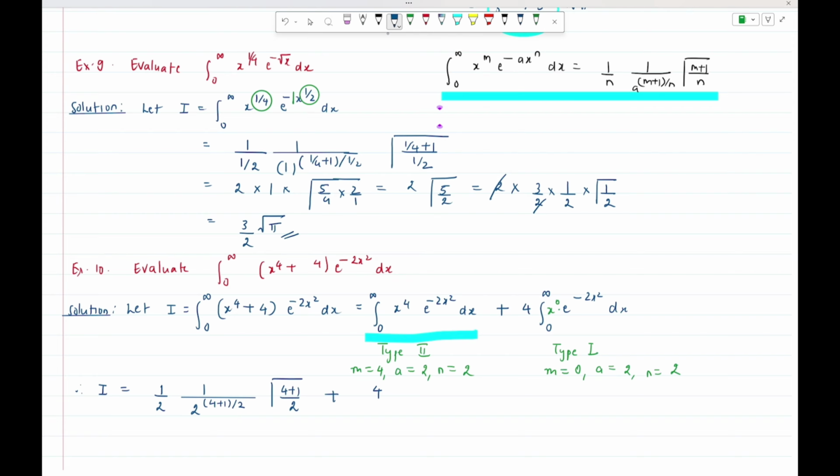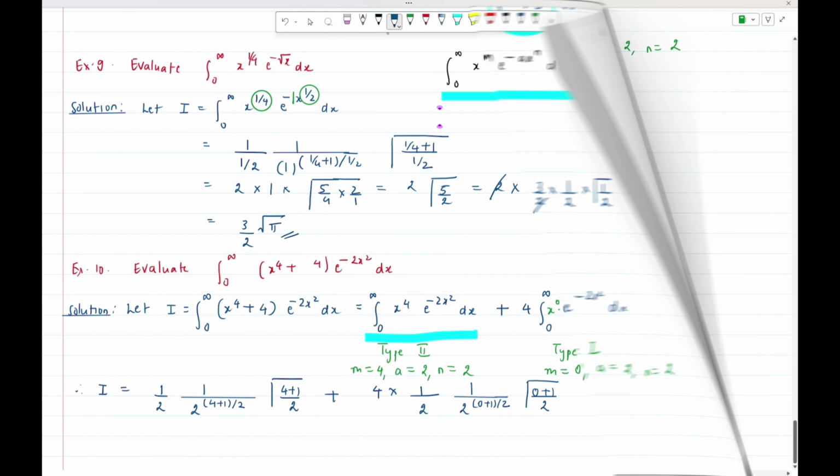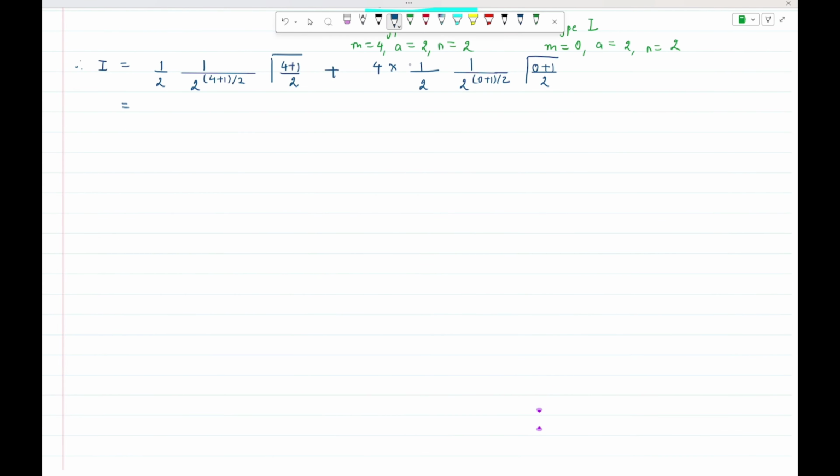Now for the second integral, we have got m as 0, a as 2 and n as 2. So this is going to be 4 times 1 over n, which is 1 over 2, into 1 over a raised to m plus 1, so that's 0 plus 1 divided by n, and then gamma of m plus 1 divided by n. Now we are left to simplify these values.